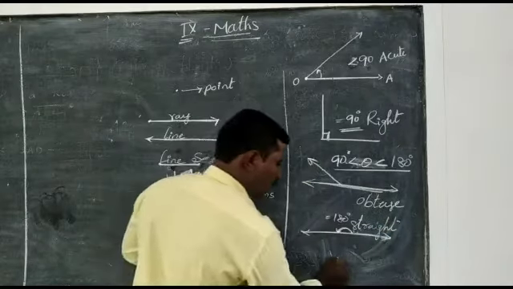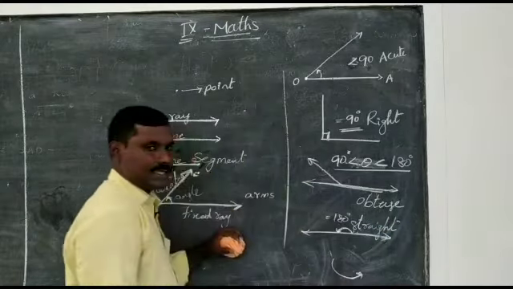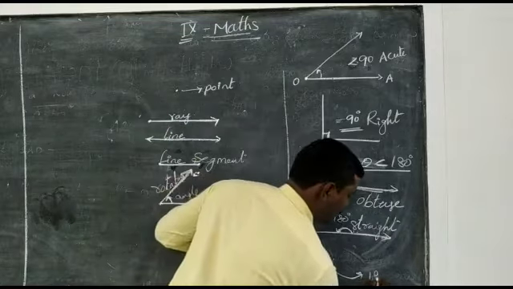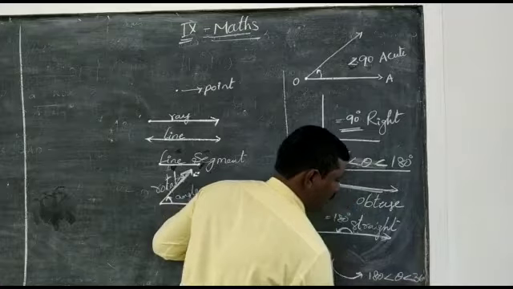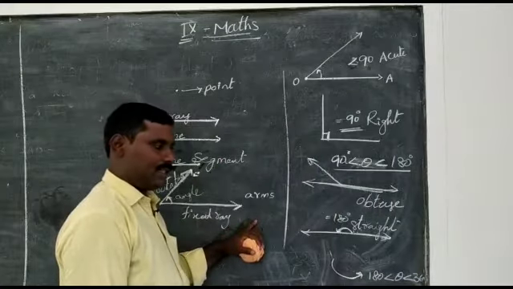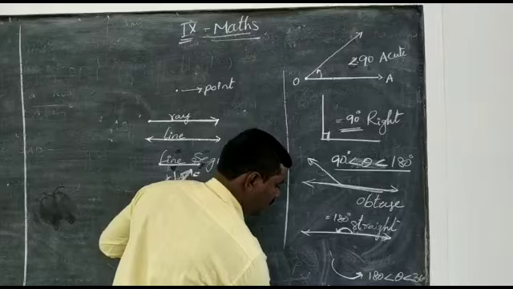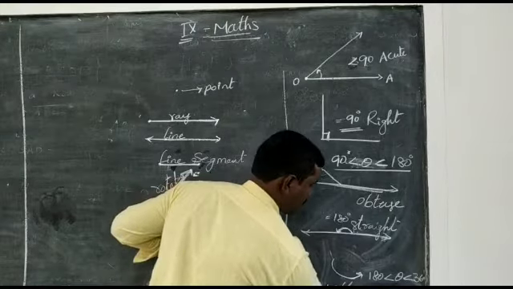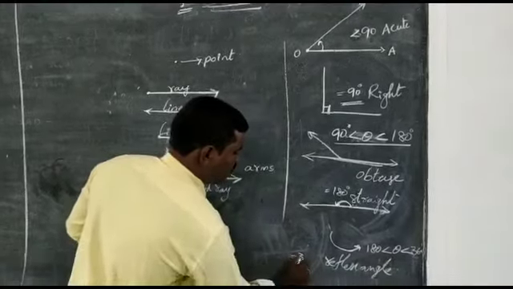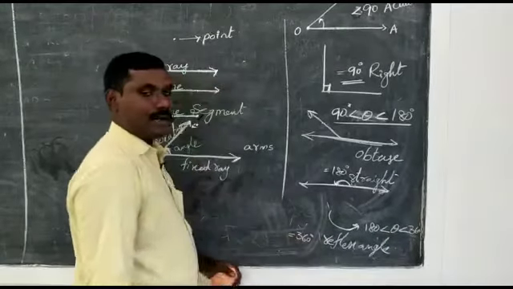If it is more than 180 and less than 360, it is called the reflex angle. If the angle is equal to 360 degrees, it is a complete angle.